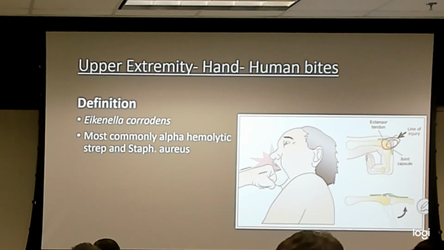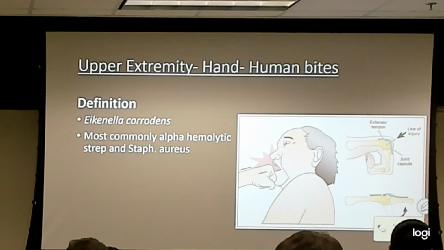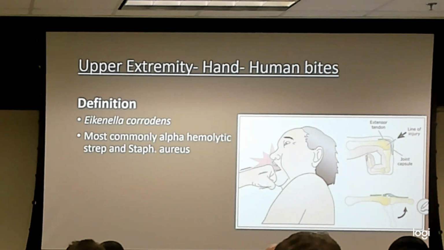That dashed line right there shows the line of injury when the hand is in this position. The reason this picture is here is because when they extend their finger, the extensor tendon gets pulled proximally, meaning that now that they've laid their hand on the exam table, they've hidden their extensor tendon wound from you. So when you're opening their hand and cleaning it out, you can't see the extensor tendon injury because they've hidden it proximally. You may miss it completely because you're focused on the wound that is right in front of your face.